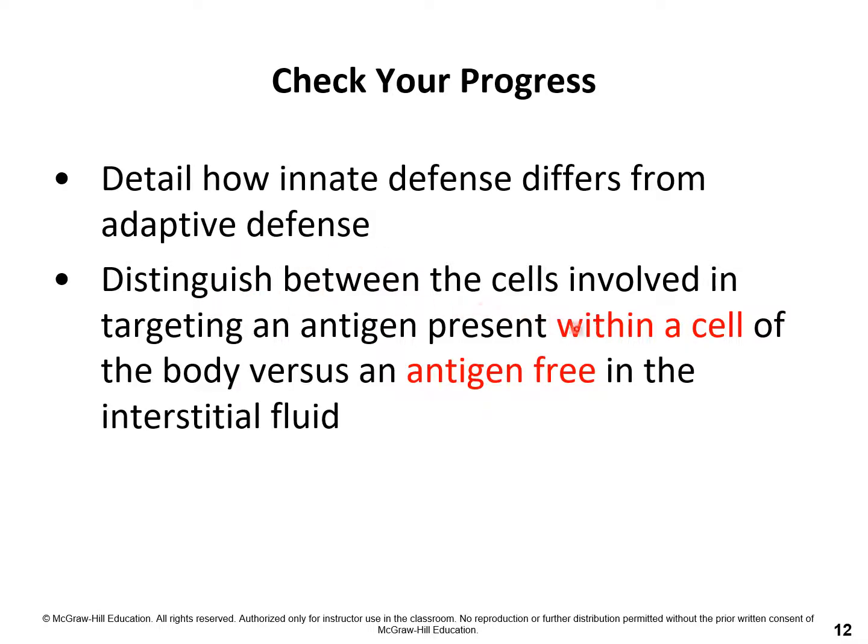Also, distinguish between those cells that are involved in targeting an antigen that is contained within a cell versus the antigens that are just free in the interstitial fluid. Which pathway of the adaptive immune response targets these antigens that are contained within our body cells, and which pathway targets these antigens that are free in the interstitial fluid?